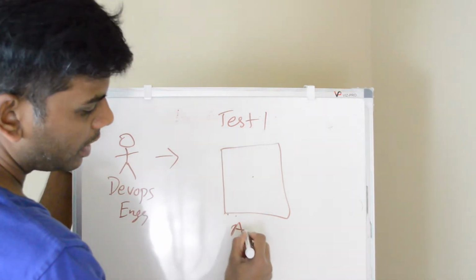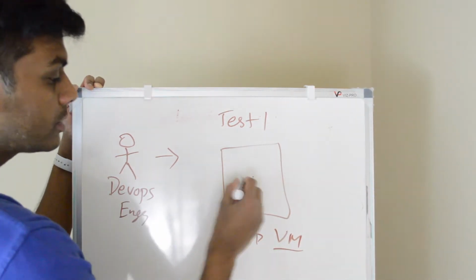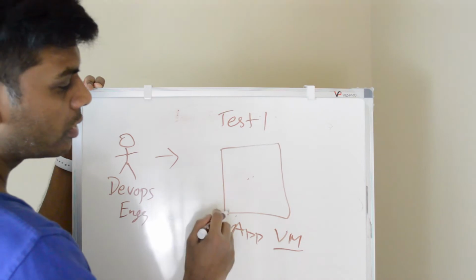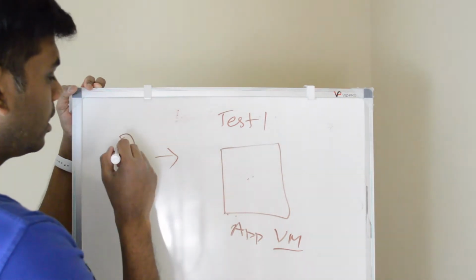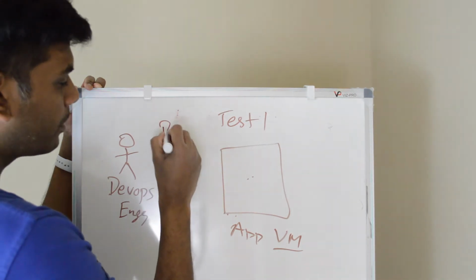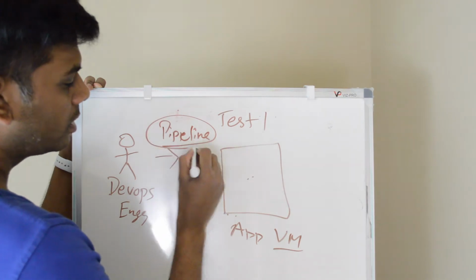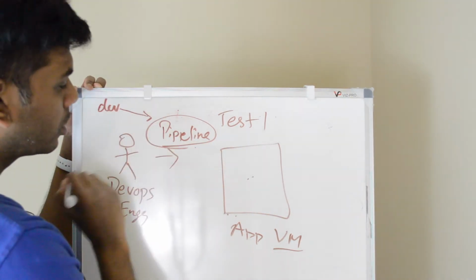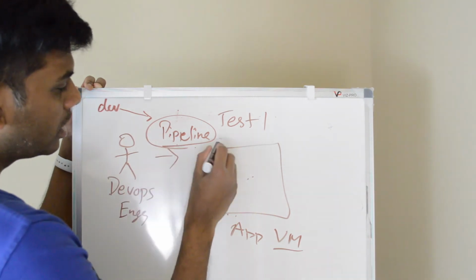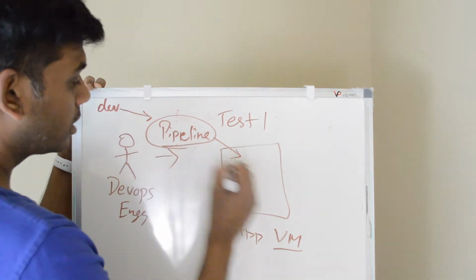So this is the application VM, or machine or whatever you call it. He's going to trigger whatever pipeline, or maybe the pipeline gets automatically triggered after the developer has pushed the code. The pipeline gets triggered and it deploys the Python code that he has written on this machine.